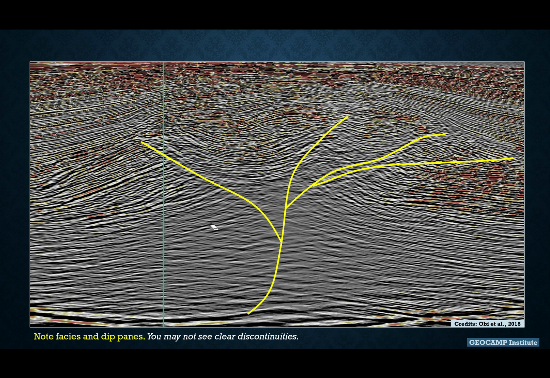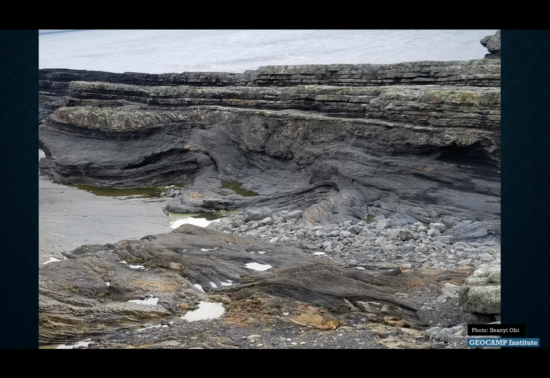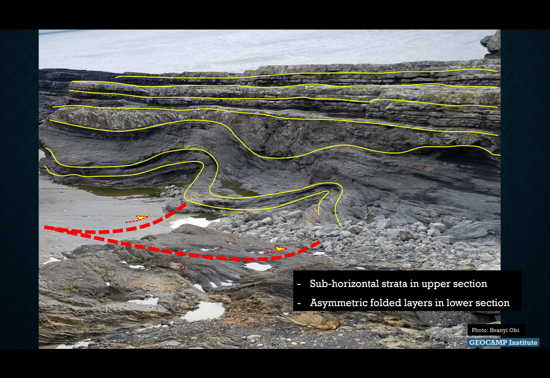So that's just a bit of a hint on how some interpretations of reverse fault mapping are done. This is an outcrop, and just something to mimic folded strata, and how you can go about putting some faults under whatever bump or anticline that we see.